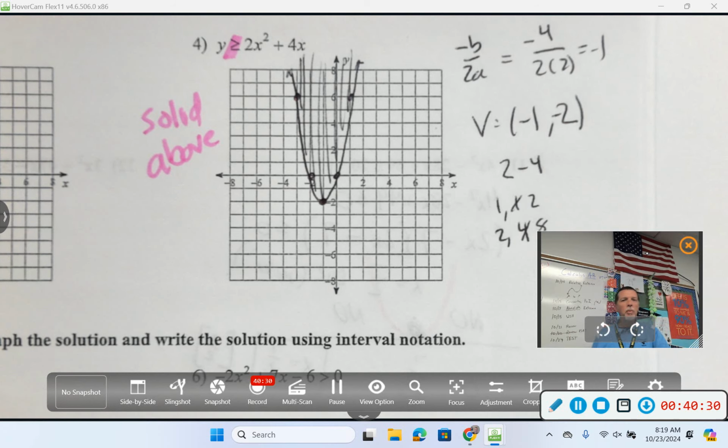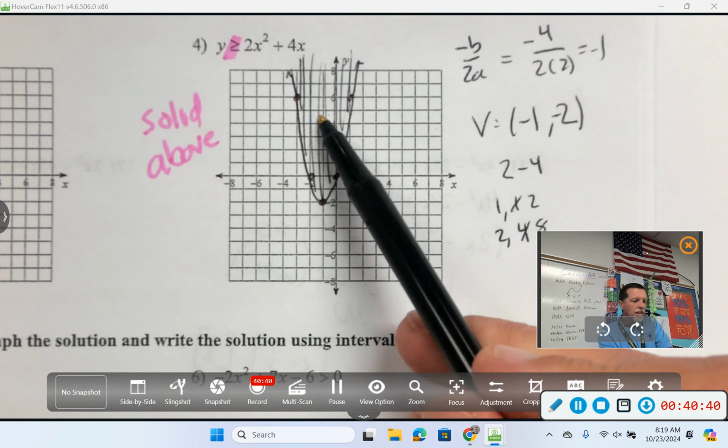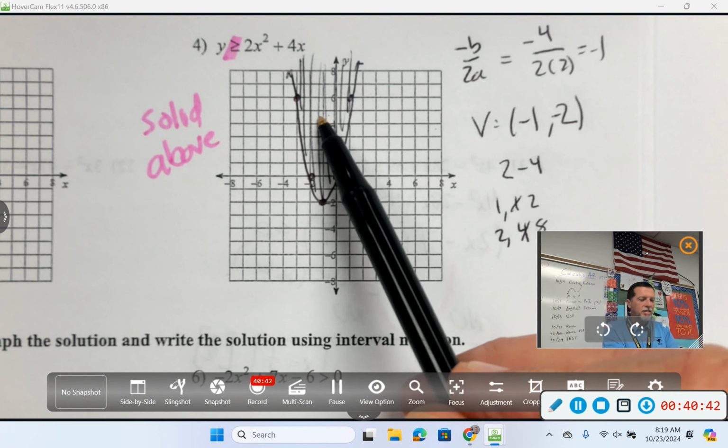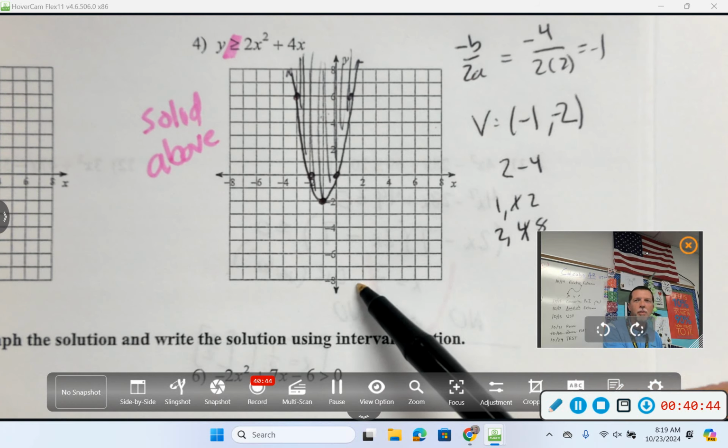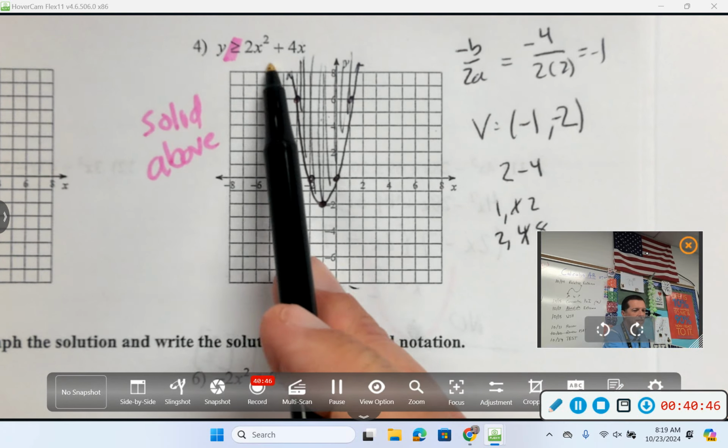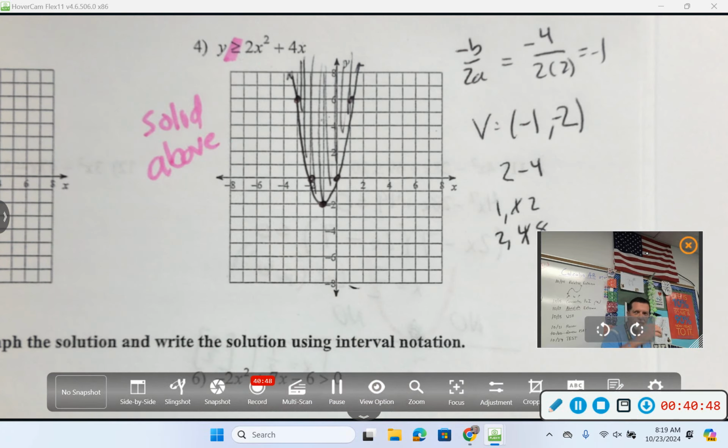That means any point in that region will work. By the way, the testing the point thing works on these as well. You could pick a point inside the parabola and see if it works, and then pick a point outside the parabola and see if it works. But it's easier to just use the shade above, shade below thing.